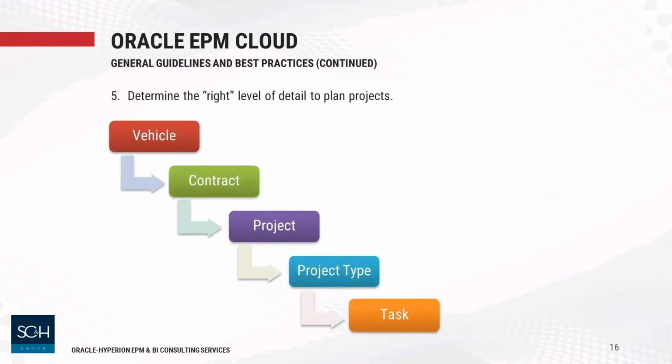Another component that we come across very commonly is just to determine the right level of detail for project planning. Typically what I find in the project tree is something along what is represented on the screen here, with vehicle, contract, project or programs rolling up, further built up by project types and tasks.